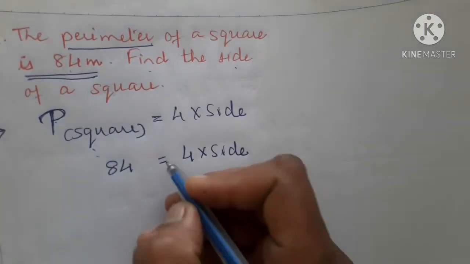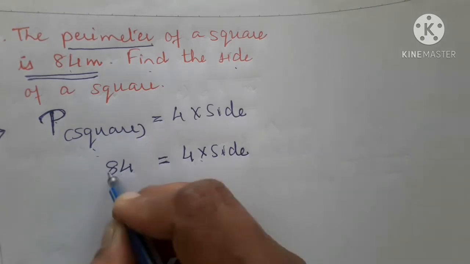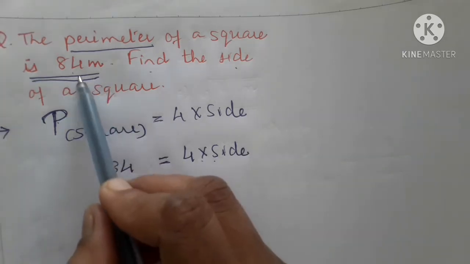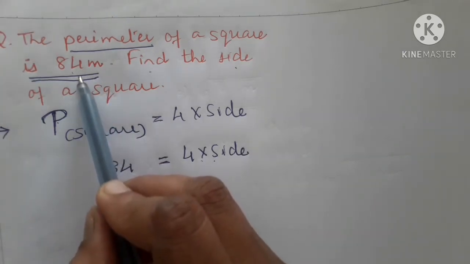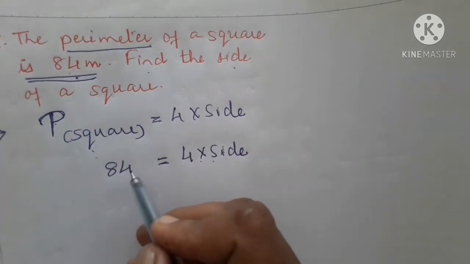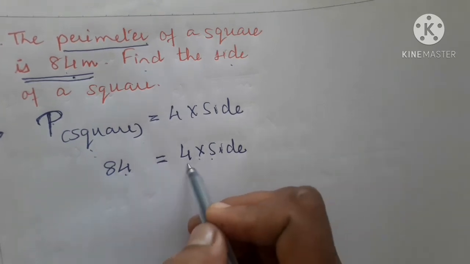Okay. Now you can see the numbers are on opposite sides, or otherwise you can think that 84 you have to equally divide into 4 parts. Okay, so how will you do it? That is 84 divided by 4.